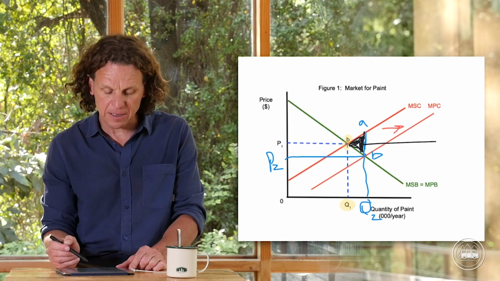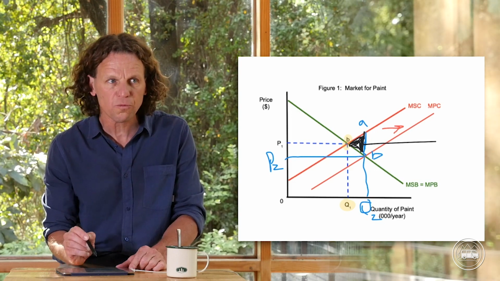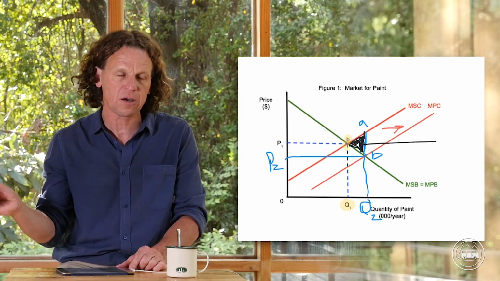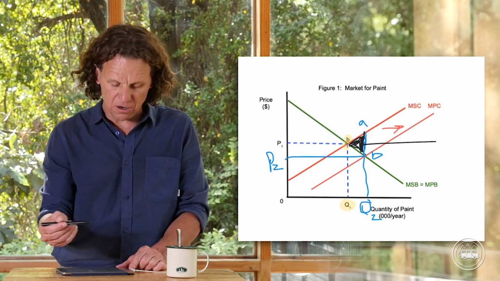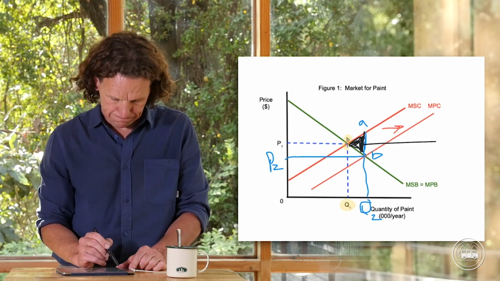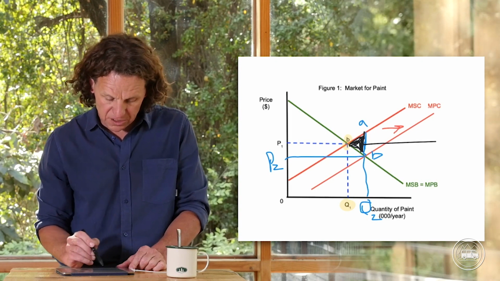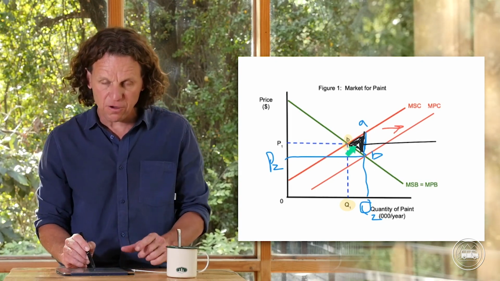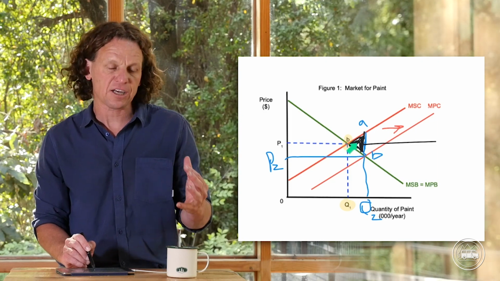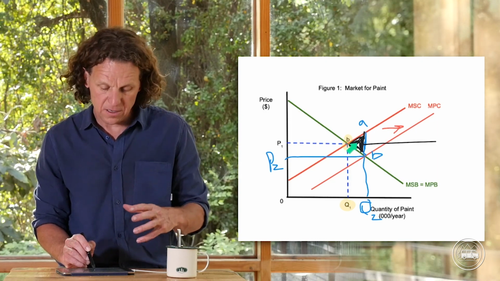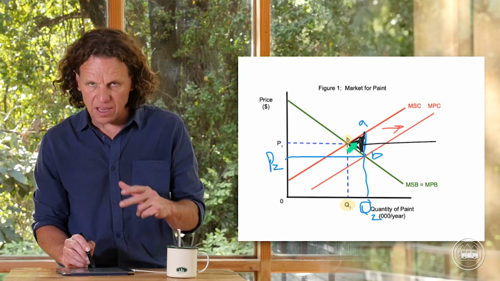Don't draw that on the diagram. That's not part of the diagram. But that's what the price should be if it took into account the respiratory illnesses that are being caused by the production of the paint. But this welfare loss right here is what the government's going to get involved in and actually try to solve. Okay? So there you have it, the negative externality production diagram.